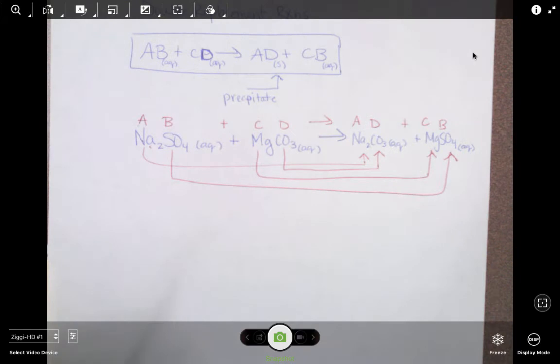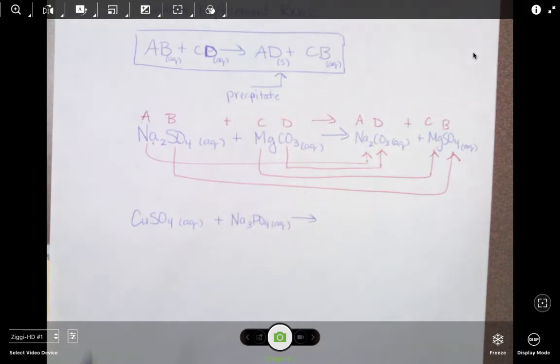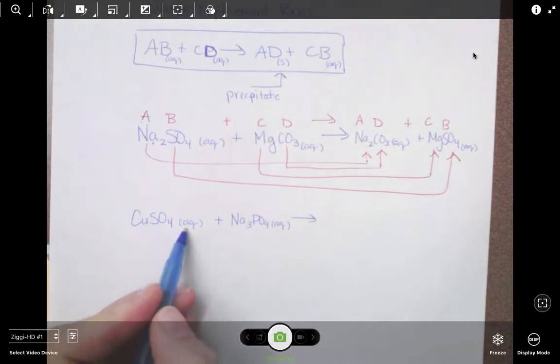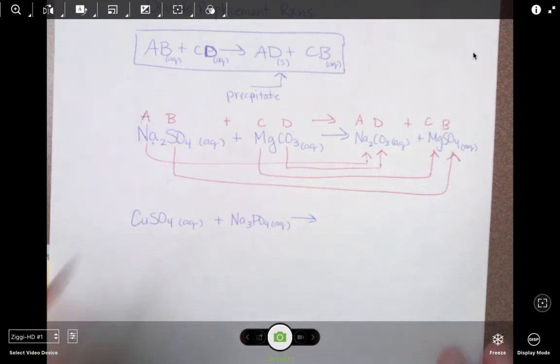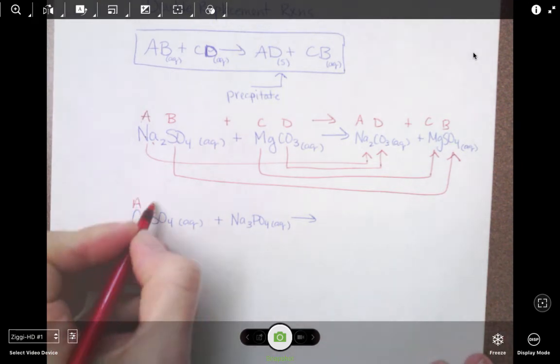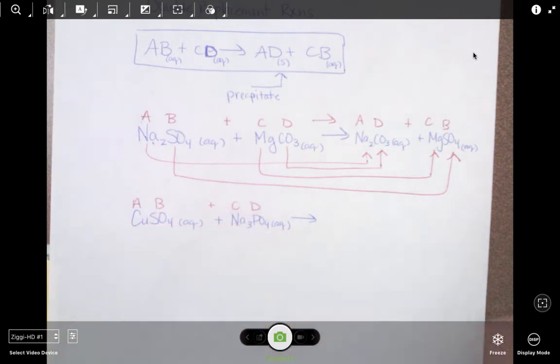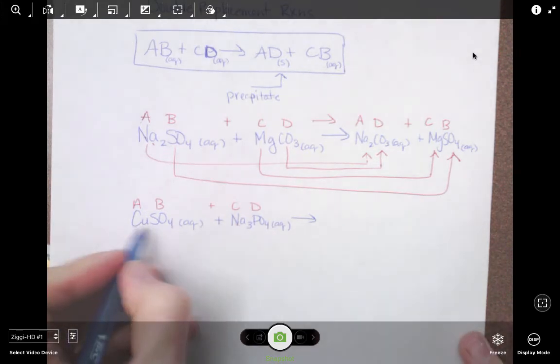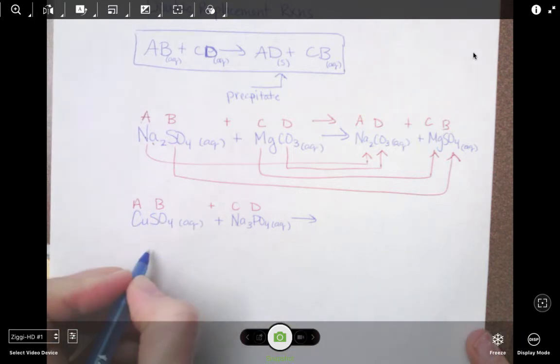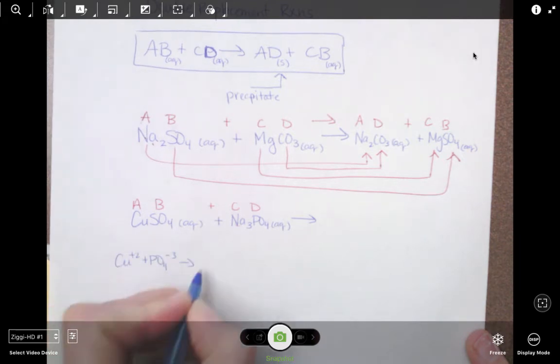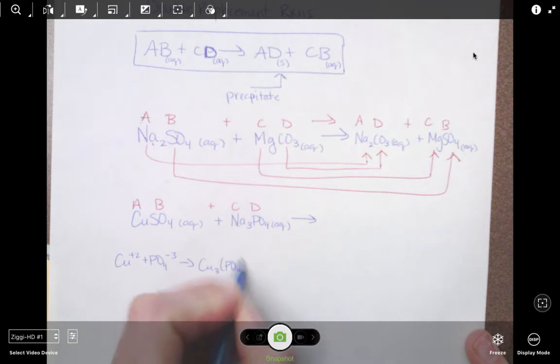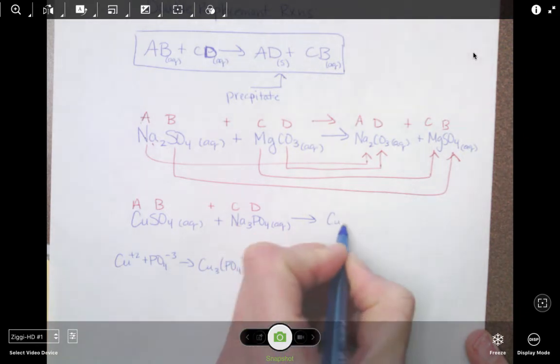Another example of that reaction where a precipitate does form: copper sulfate, which is aqueous, combining together with sodium phosphate. In this situation, copper is A, sulfate is B, added to sodium, which is C, phosphate, which is D. They're going to recombine. So I know that this is copper plus 2 because sulfate has a -2 charge. So when copper recombines with phosphate, it would be Cu plus 2 plus PO4 minus 3, and so it would produce Cu3(PO4)2, and that would be my compound that goes here.